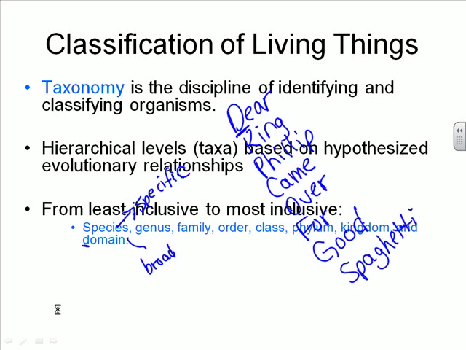If you can remember the little rhyme that Dear King Philip came over for good spaghetti, then you can remember that we have a domain, a kingdom, a phylum, a class, an order, a family, a genus, and in the most detailed, a species. Every living organism is categorized using this taxa, these levels.